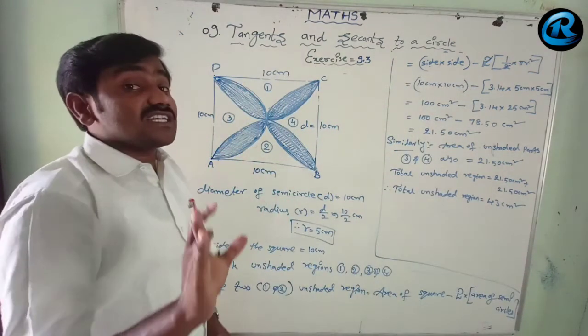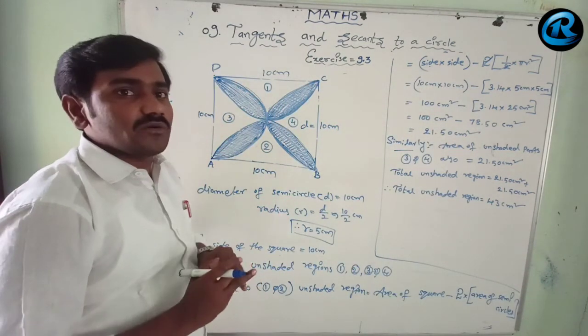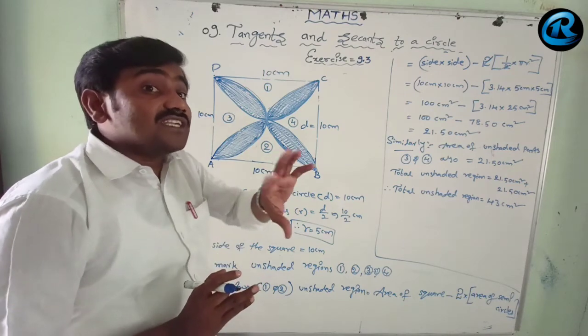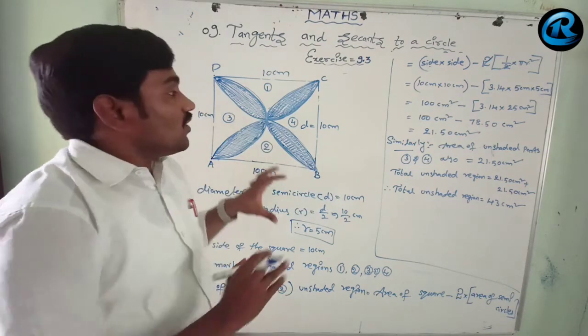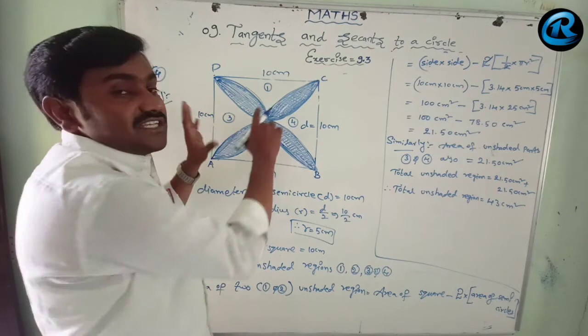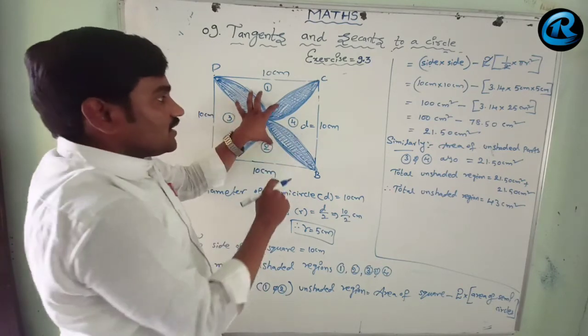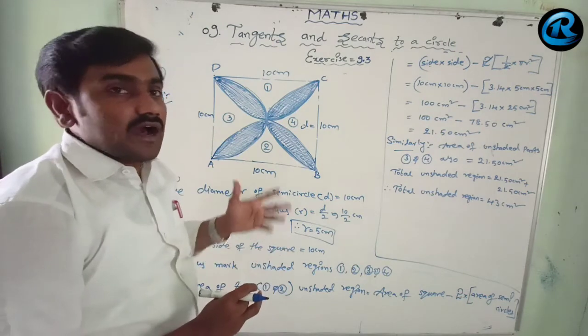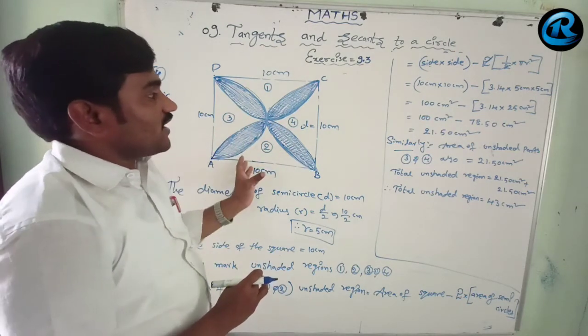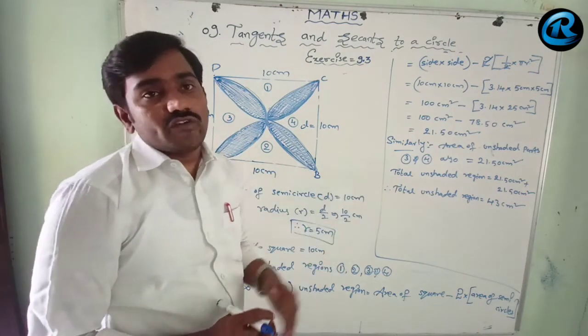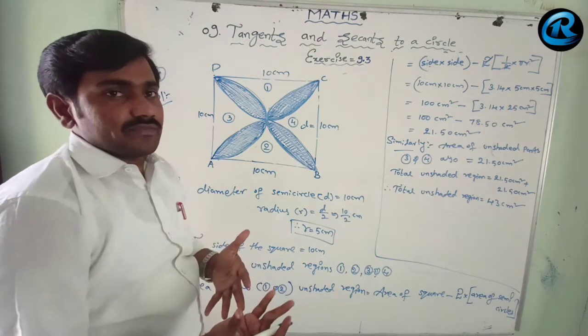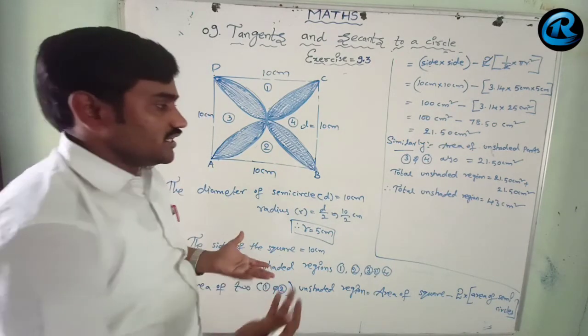But he did not ask what is the unshaded region. We have to find out what is the shaded region. So if you need the shaded region, what do we have to do? Already the unshaded region we got is 43. So the shaded is the remaining from 100. That means area of square minus the 43, if you remove, you will get 57. The 57 will be the shaded region.